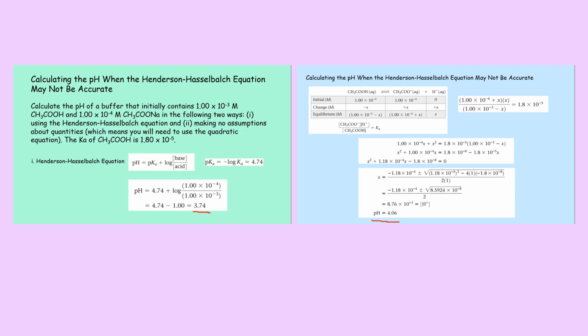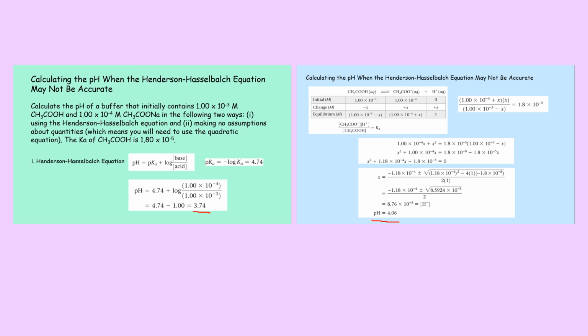The initial concentration of our acetic acid is 1.0 times 10 raised to negative 3, while that of the sodium acetate is 1.0 times 10 raised to negative 4. Therefore, we cannot assume that X is small compared to the initial concentrations. So the best answer is a pH of 4.06.